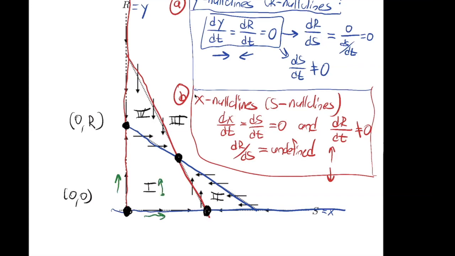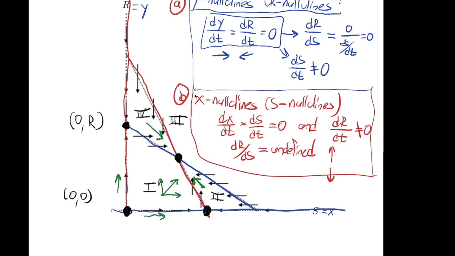So altogether, our vectors are going to look like up and to the right. Versus over here, things are going up and to the left now. And over here, we're going down and to the left.